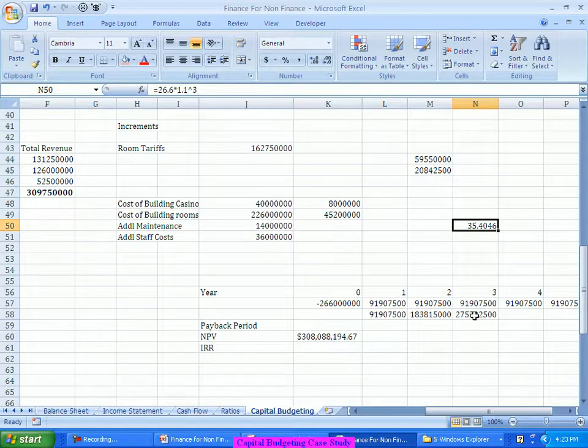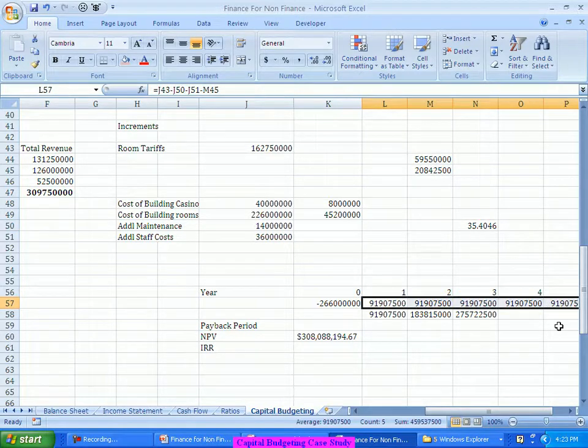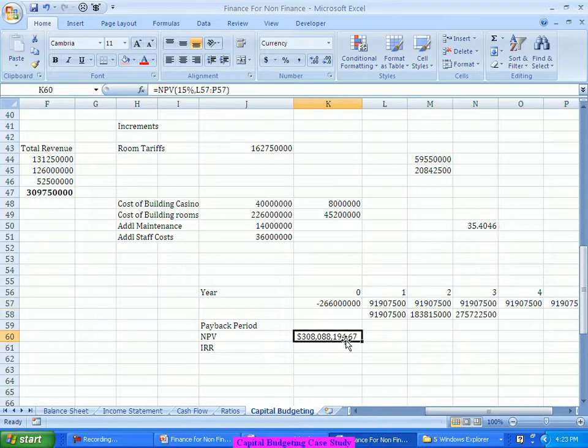So like this, from all these 5, if I remove the interest part from it, the worth is 30 crores. Which means you are investing 26 crores, you are getting 30 crores. There is a difference which is positive, which means this is a profitable project.